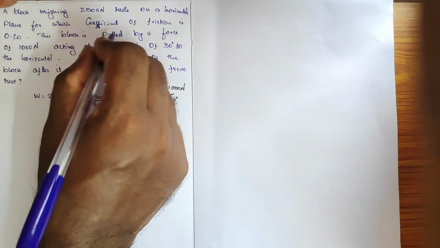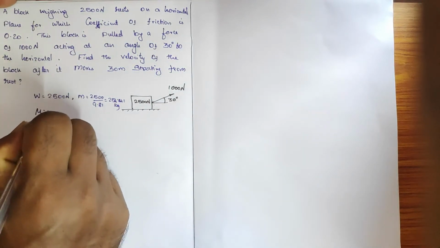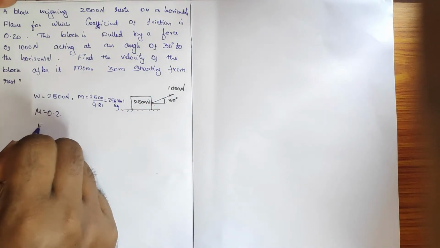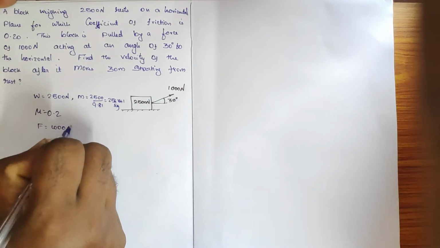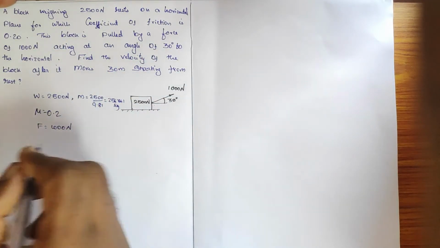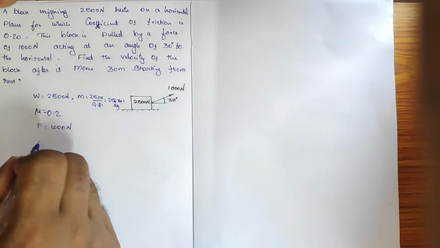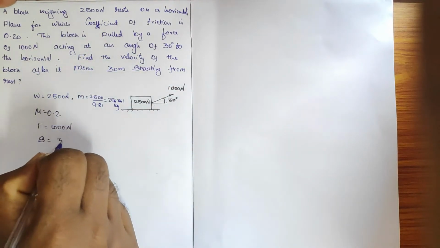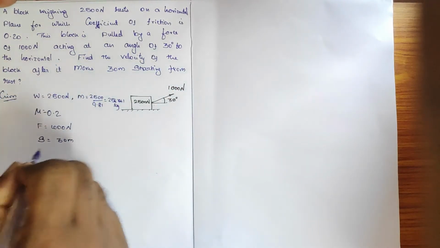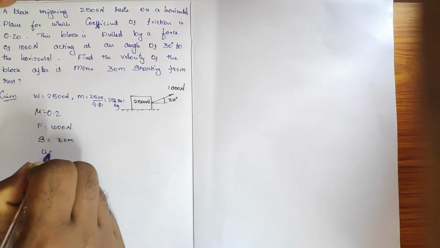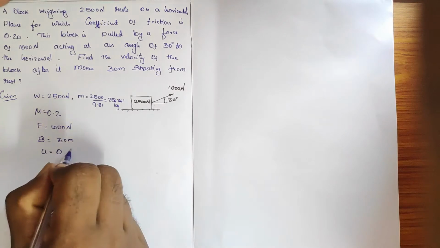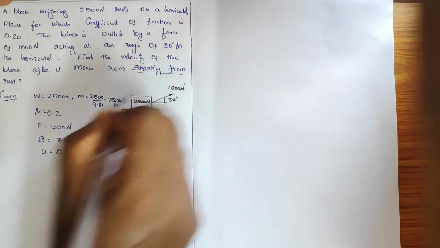And then the coefficient of friction mu is given as 0.2, and the block is pulled by a force of 1000 Newton at an angle of 30°. Then the displacement is 30 meter, which is given in the question, and it starts from rest, so the initial velocity must be 0, since starting from rest.